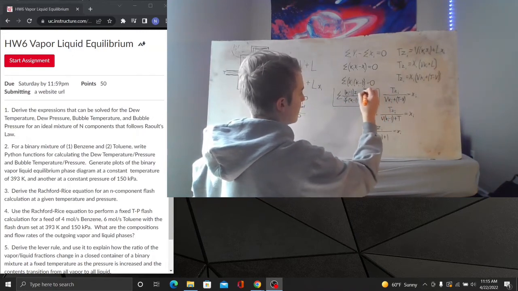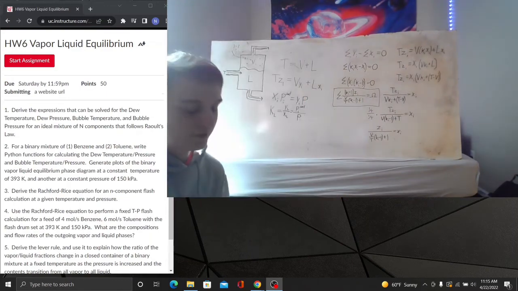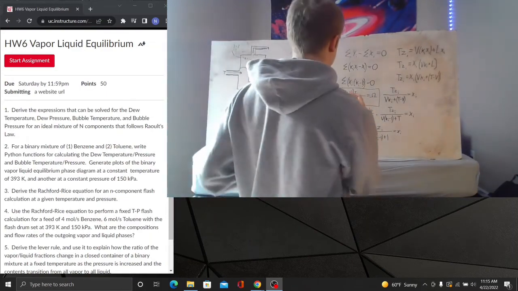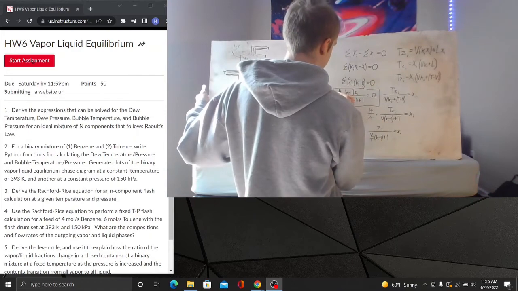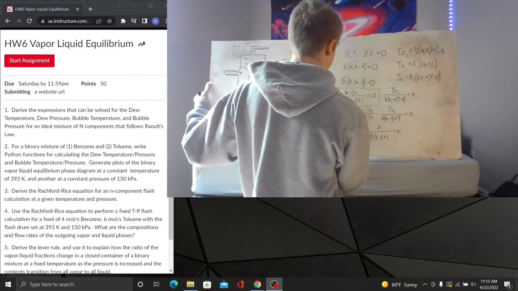So this is our final Rashford-Rice equation. And one last thing that I forgot to mention was that we will have our bounds for our summation, n on top here, and then i equals 1.